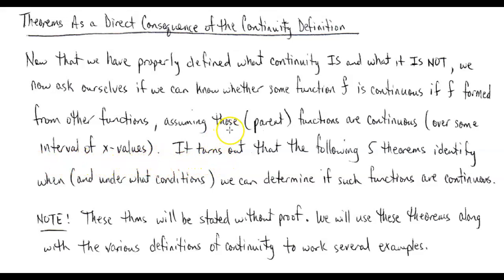So in other words, if I have two or more functions and I want to create new functions from old functions, how am I going to tell whether those new functions are continuous or not? In order to do that, I would have to know something about the two or more functions that I'm trying to form new functions from.